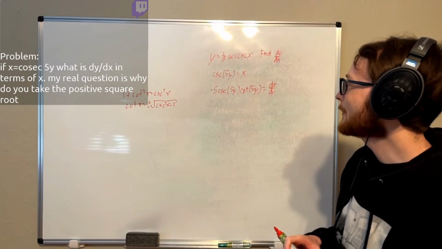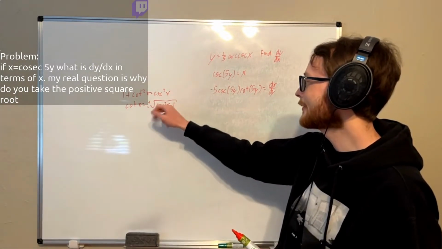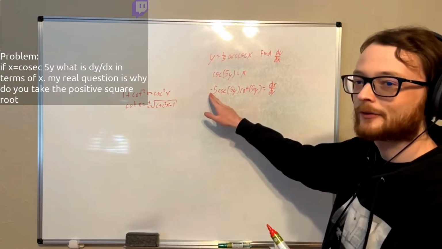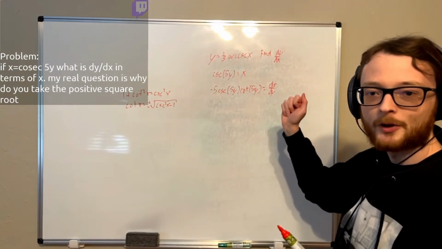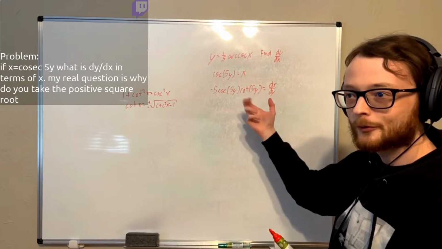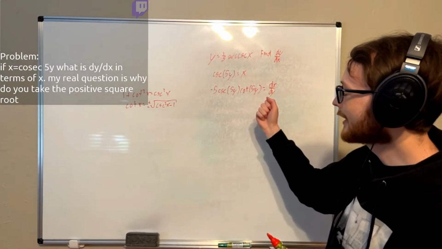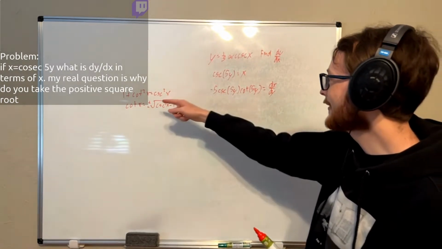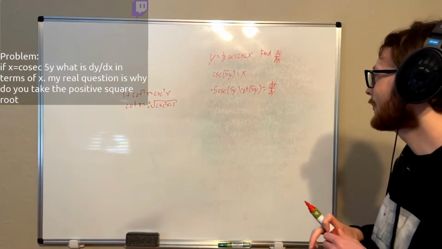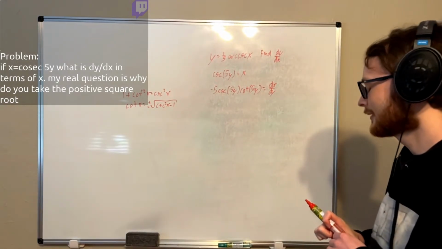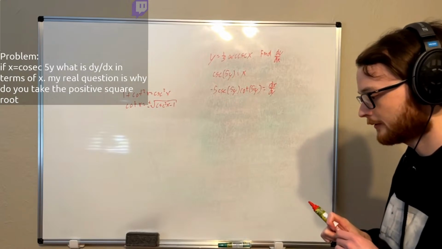I can see why we take the positive part, because we already had the negative, based off the graphical thing that we did before, we are expecting a negative result. So we want to take the positive one to keep that negative sign intact. But of course, if we don't know the graph, how can we work that out?